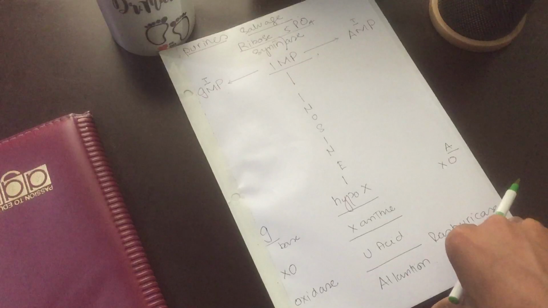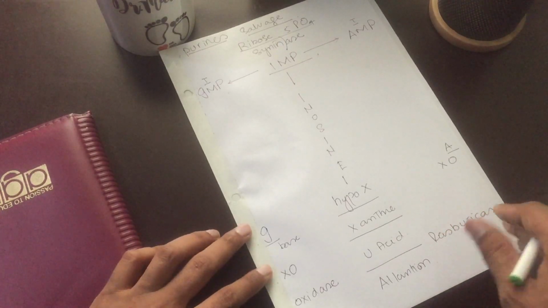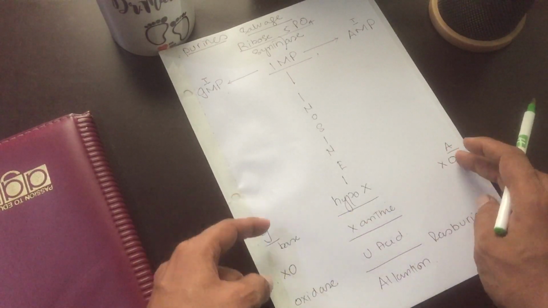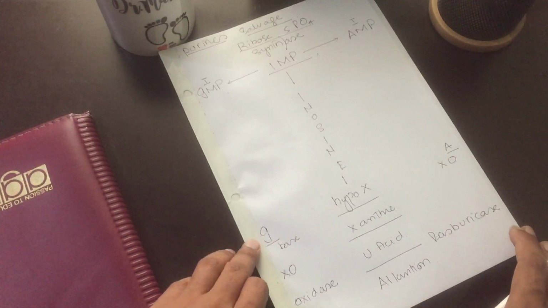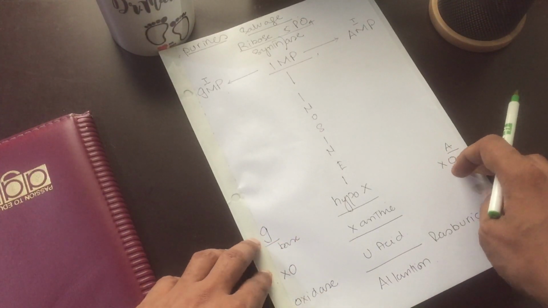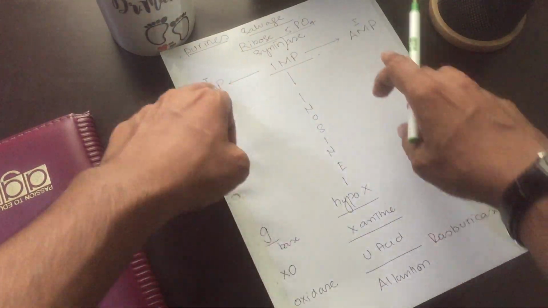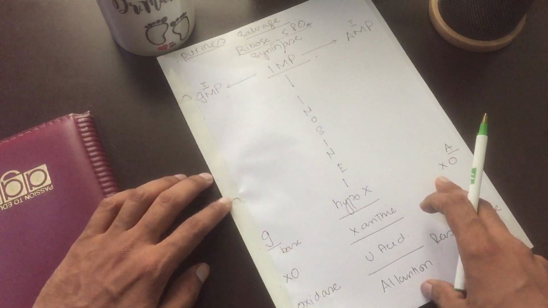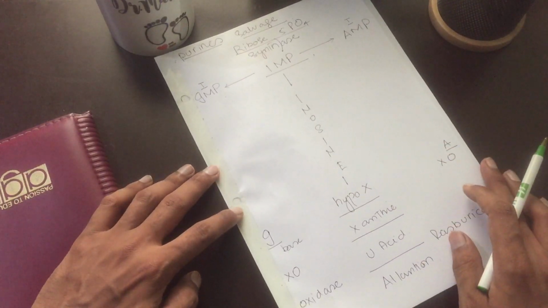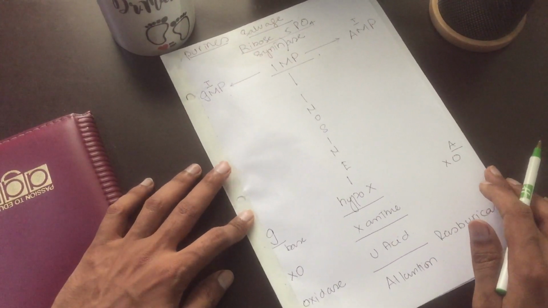The purine salvage pathway can convert the remaining guanine and adenine bases to make GMP, IMP, and they reuse them one after the other. So how do they reuse them?